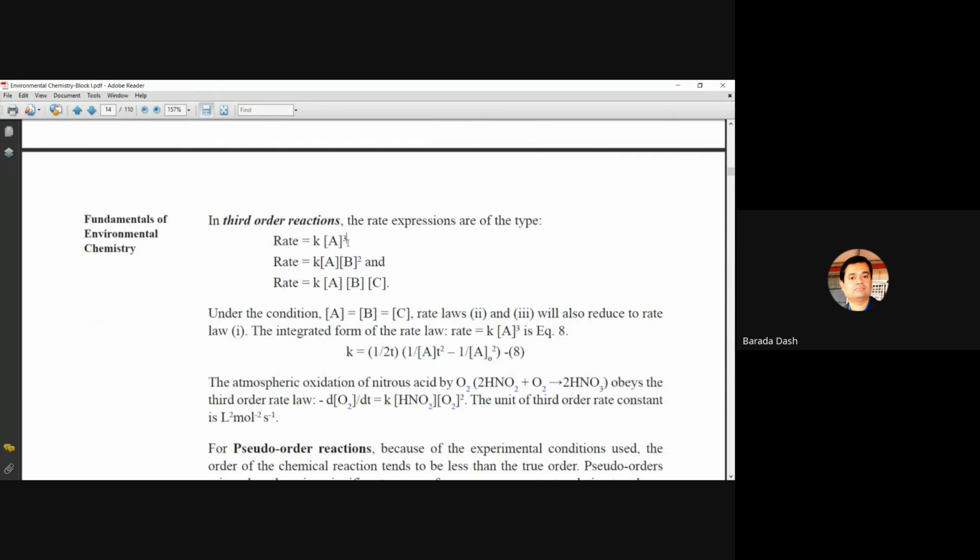Third order, so here we see A to the power 3, the concentration of reactant A to the power 3. That's why it's a third order reaction.